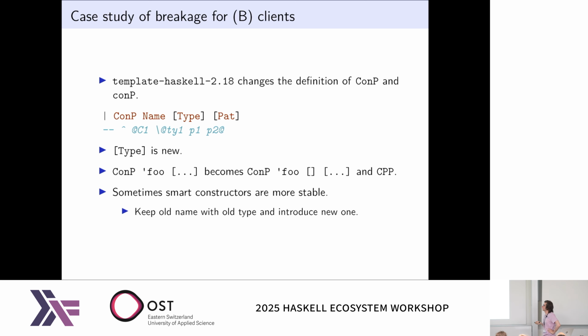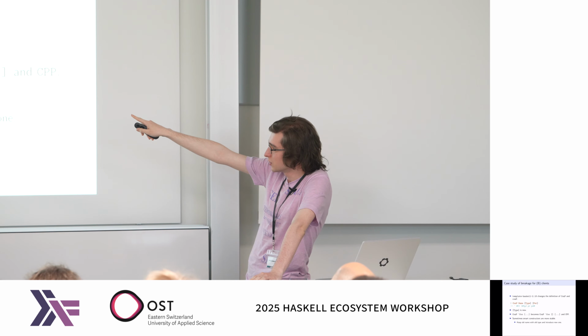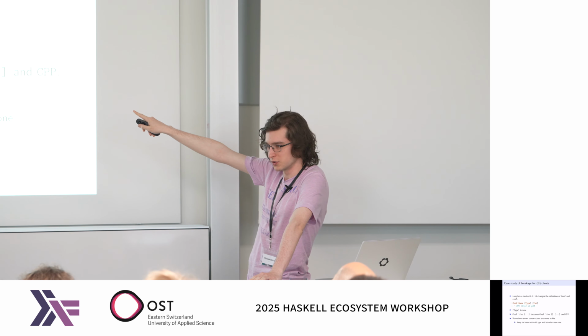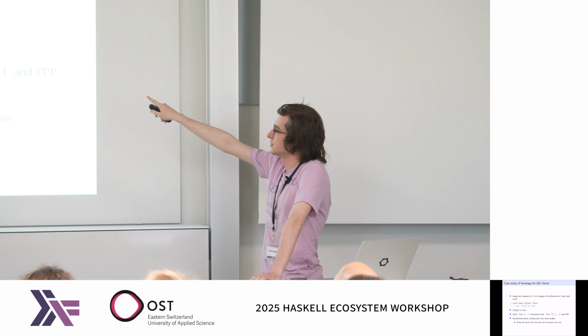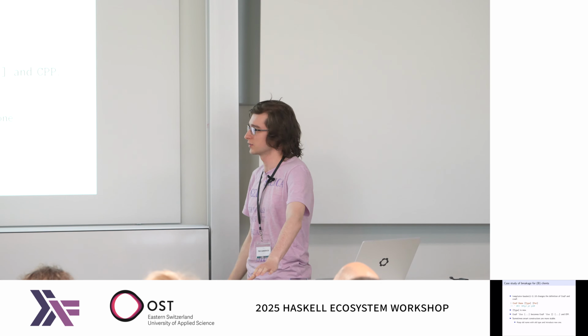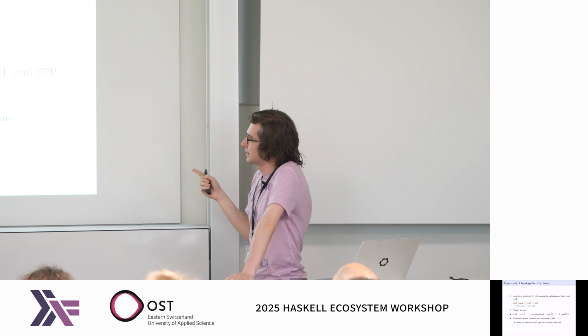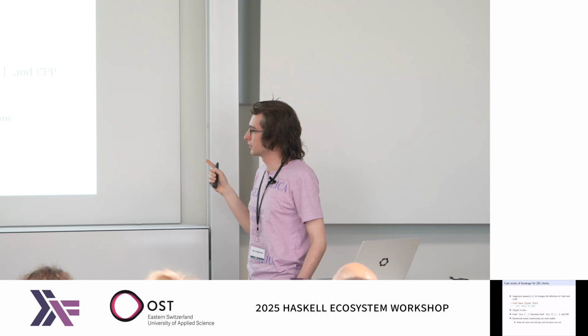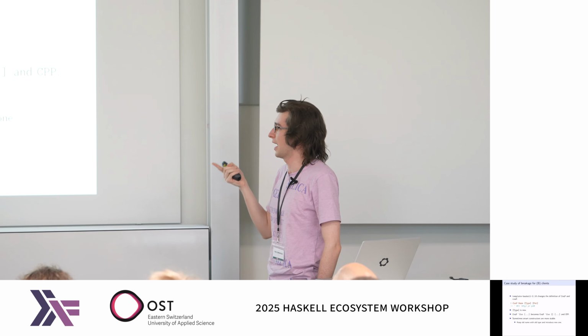So let's take a look at a concrete example. In template Haskell 2.18, we had a change to the definition of constructor patterns. That's when you're pattern matching on a constructor. So you have the name of the constructor, you have a list of type applications, which is new, and you have a list of patterns for all the fields of the constructor. The addition of this meant that a load of users had to change how they were defining things.